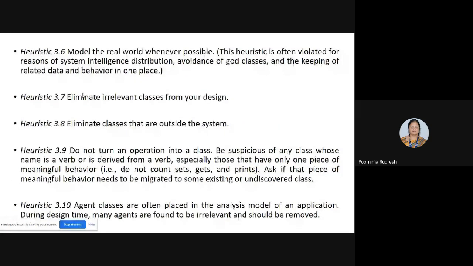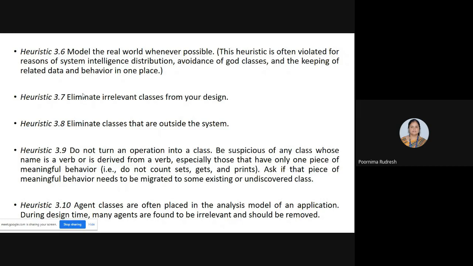And heuristic 3.6 says model the real world whenever possible. This is often violated for reasons of system intelligence distribution, avoidance of guard classes, and the keeping of related data and behavior in one place. 3.7 says eliminate irrelevant classes from your design. 3.8 says eliminate classes that are outside the system.